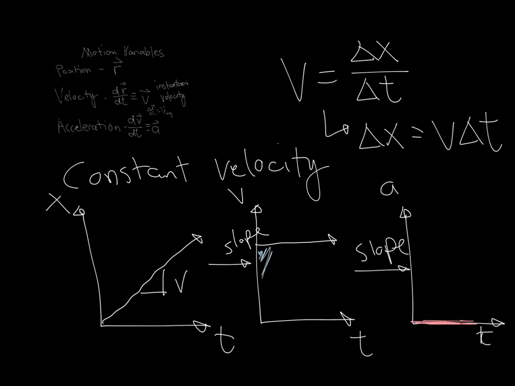Let's say you go for a certain amount of time, for some delta t. Okay, so you go for some delta t, it's a constant velocity, and you look at this rectangle here. That's essentially what this equation works out to be, right?